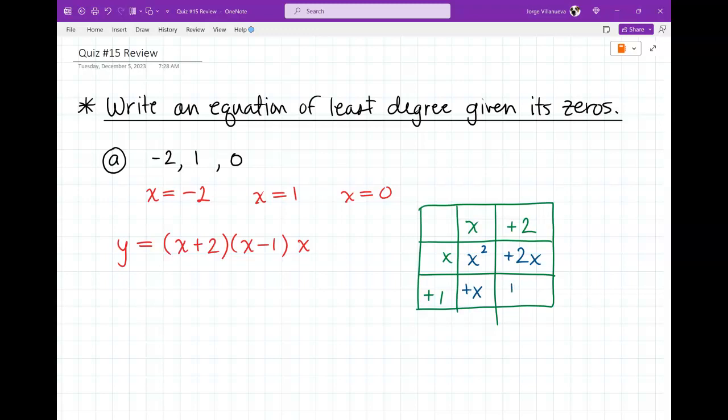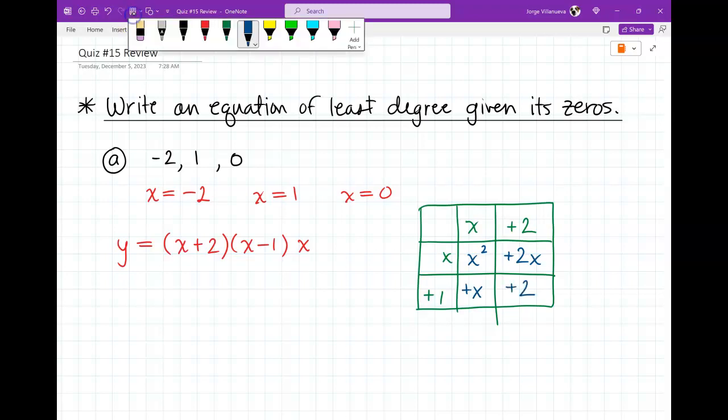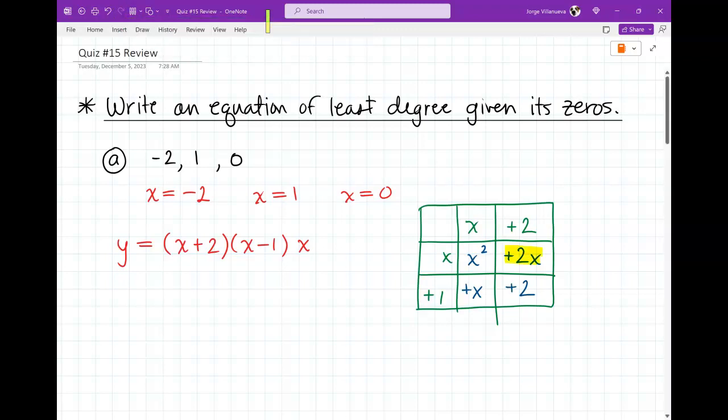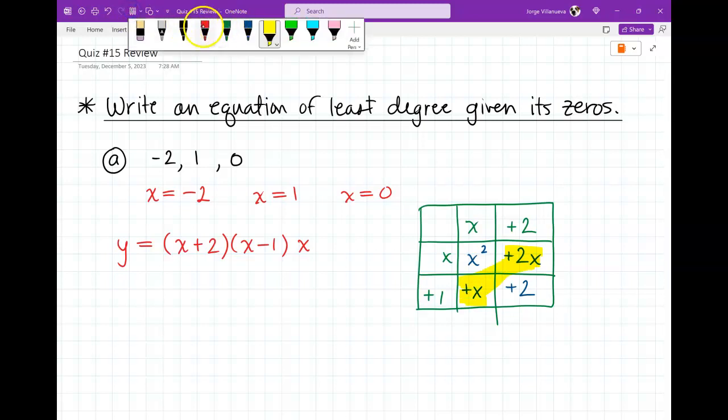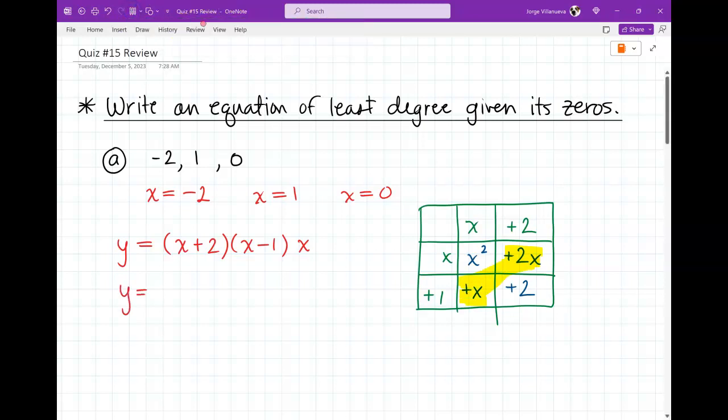And 1 times 2 is a positive 2. Remember, you're supposed to get these two and combine them. So your answer is going to be x squared plus 3x plus 2 times x.